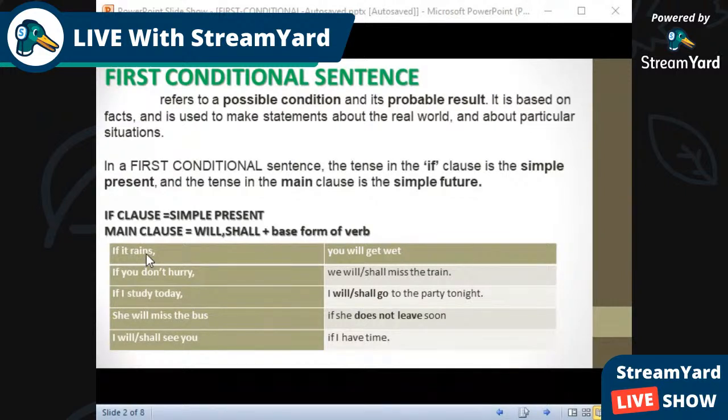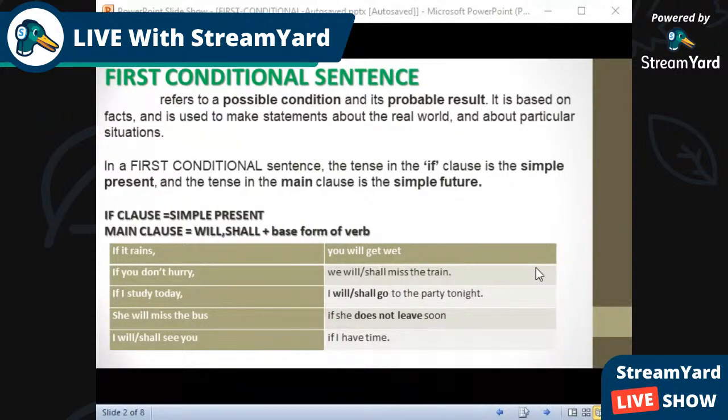For the main clause or the result, you have you as the subject, and you have the future tense will get. So the main clause will have will or shall, plus the base form of the verb. Alright? So more examples.